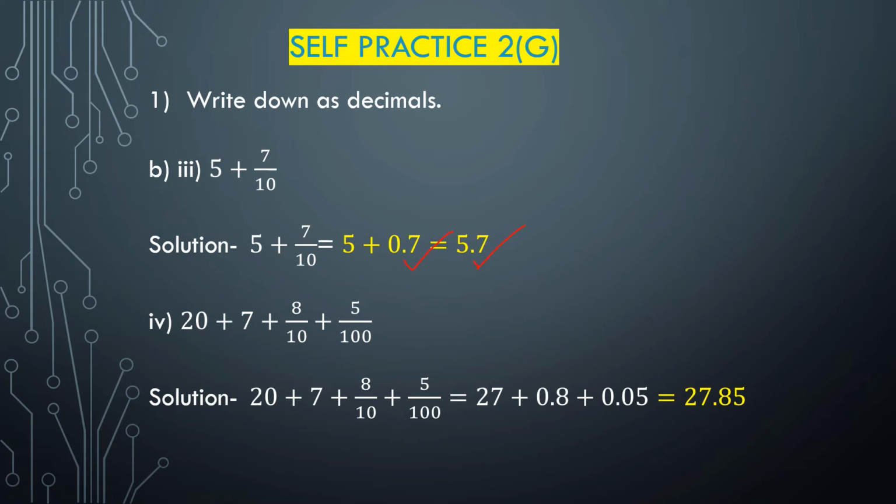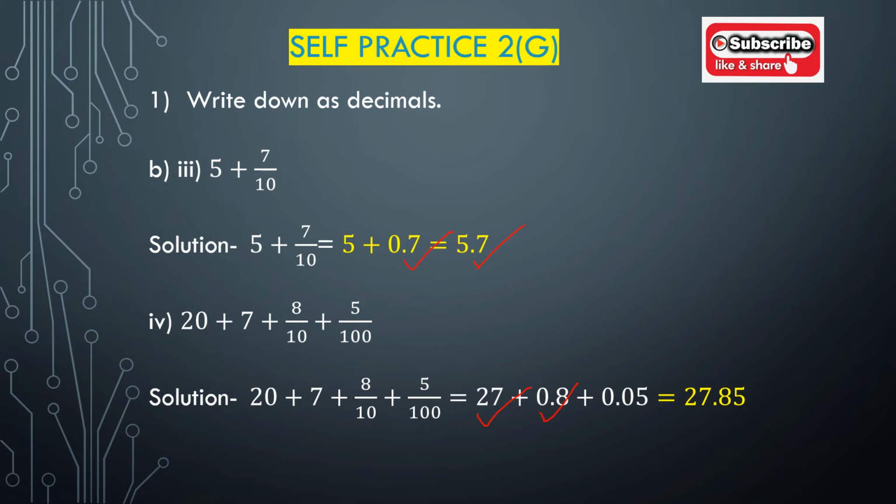4b. 20 plus 7 plus 8 divided by 10 plus 5 divided by 100. 20 plus 7 will be 27, and 8 divided by 10 will be 0.8. As 10 has only one zero, we have to place one digit after the decimal point, so it will be 0.8.